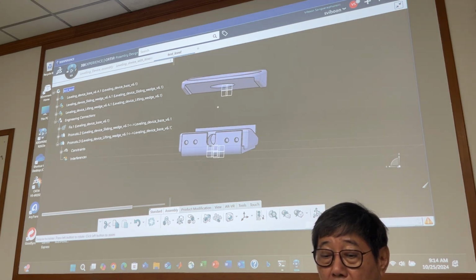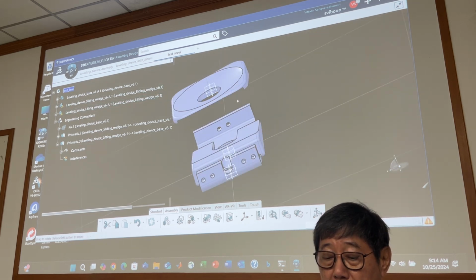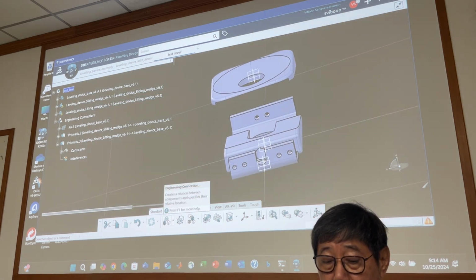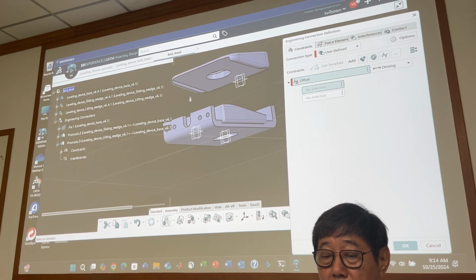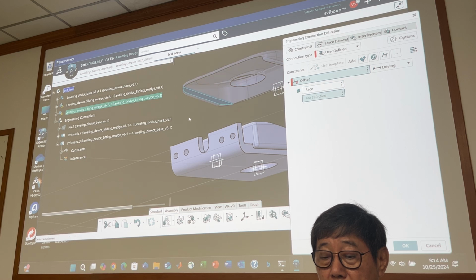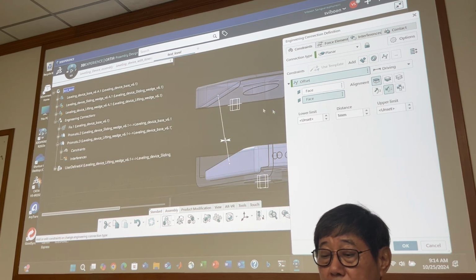Similar offset between this one and this one. We have 1 millimeter as well. Offset between this plane and this plane. Okay, 1 millimeter is okay.